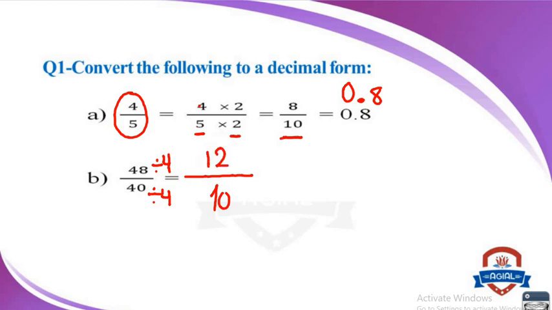Is it easy? Yes. How can I write it as a decimal number? I write 12. Down, how many zeros? It's just 1 zero. So I will start from right and put the decimal point after just one digit. So it will be 2, and here I write the point. So the answer will be 1.2.